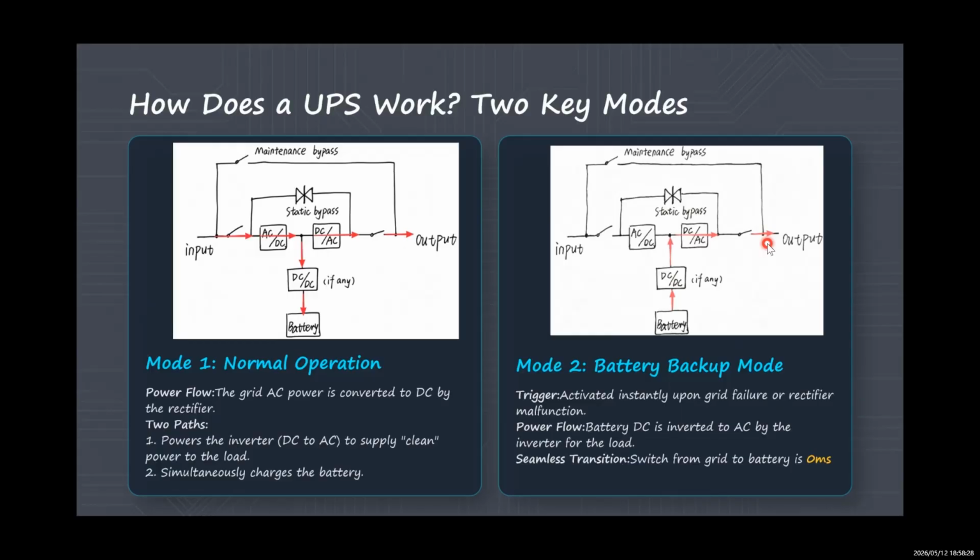The switching time between the grid and the batteries is 0 milliseconds. So this is a simple description of how a UPS works.